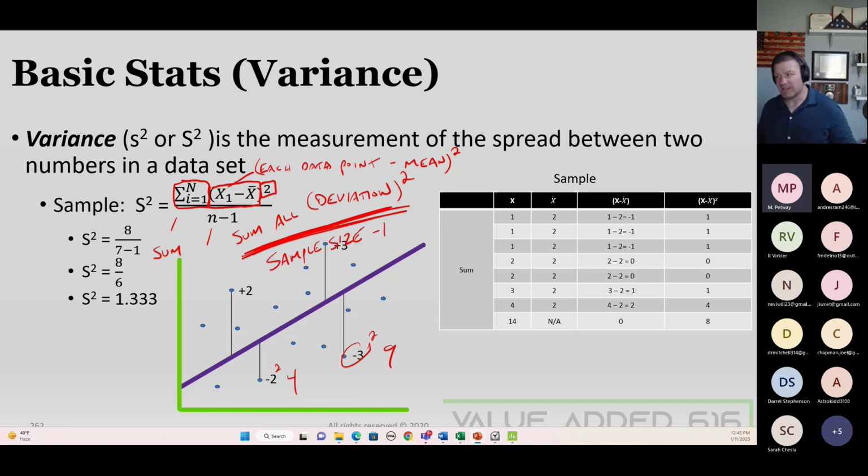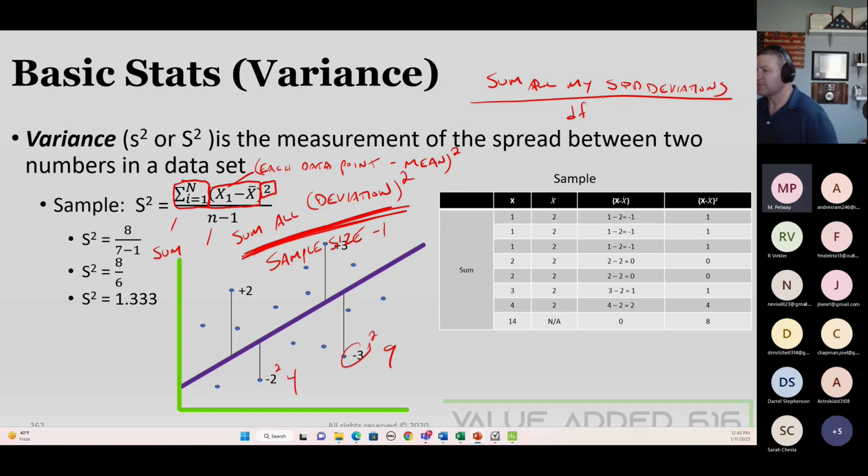To rewrite it clearly and neatly, this formula is saying sum all my squared deviations and divide by, it's called my degrees of freedom, sample size minus 1. So very simply put, I'm going to take a look at how far each of those is from the mean and square them. Again, a concept that you all get, nice and easy.